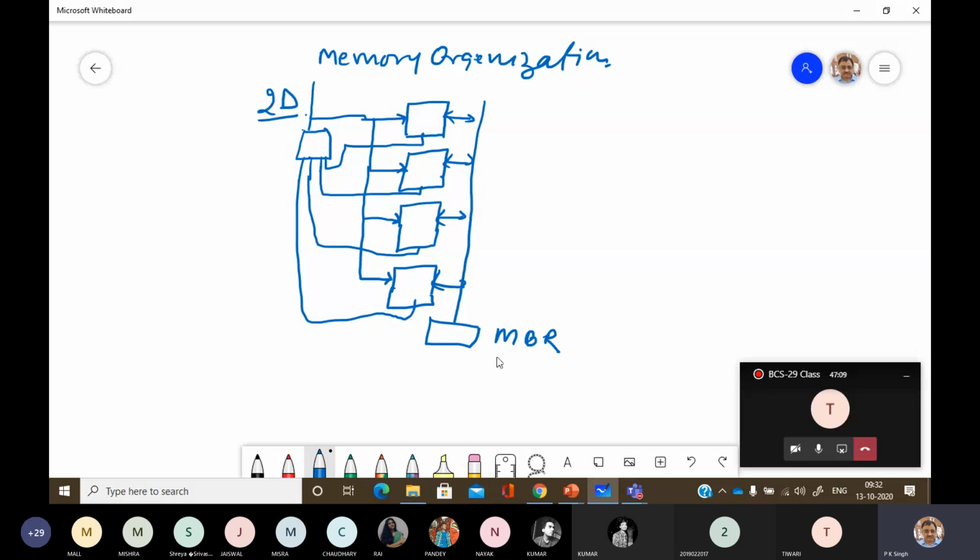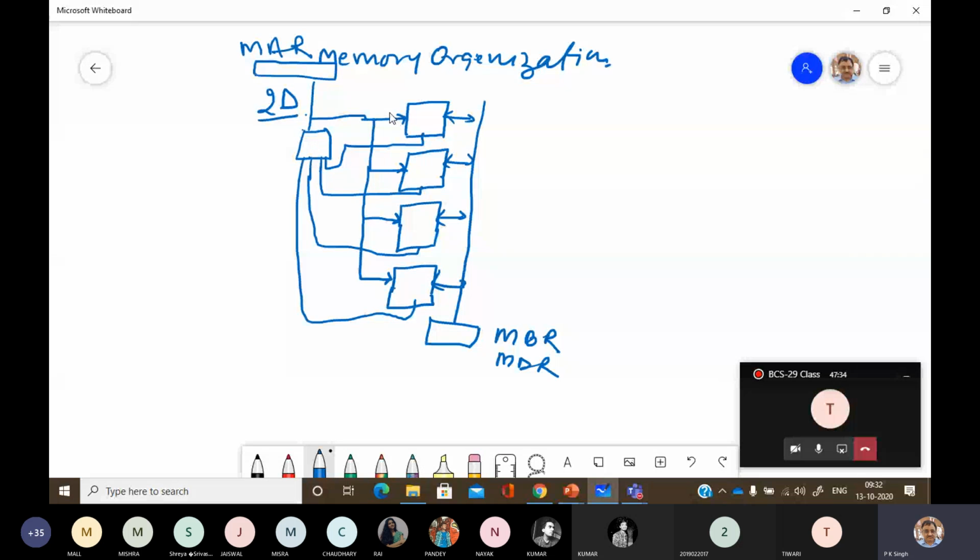It is also called memory data register, and here you will get the address from the memory address register. This is the 2D organization of the memory.